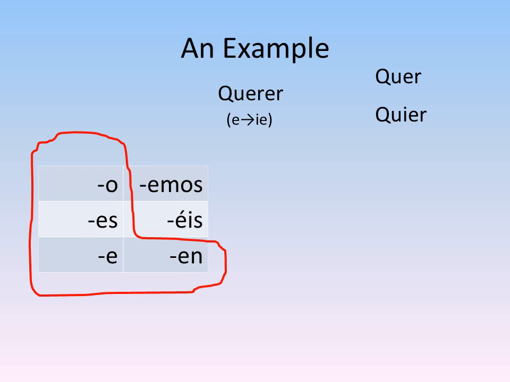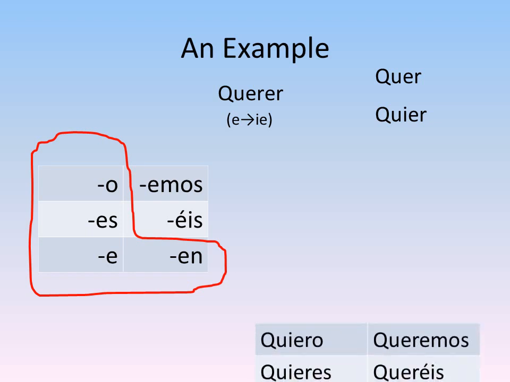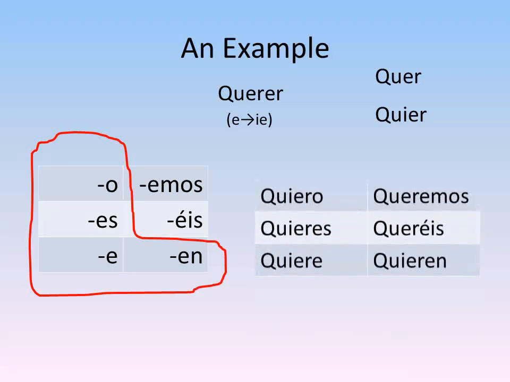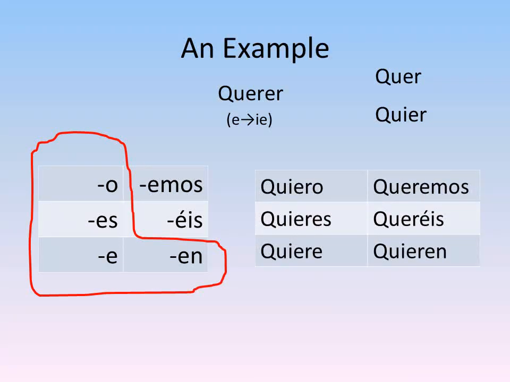So when we conjugate querer, it's going to look like this. Quiero, quieres, quiere, queremos, queréis, quieren. Notice that inside the boot we've used the IE stem change. Outside the boot we've used our regular stem.